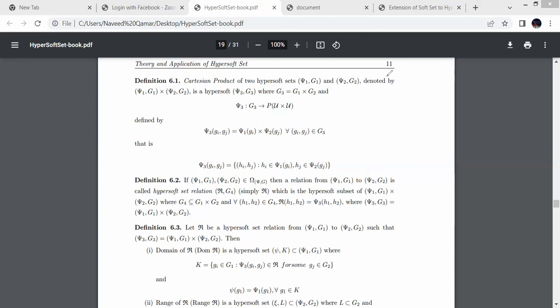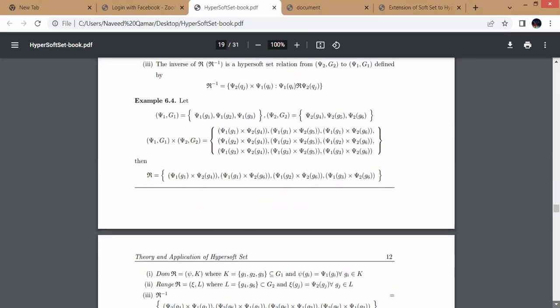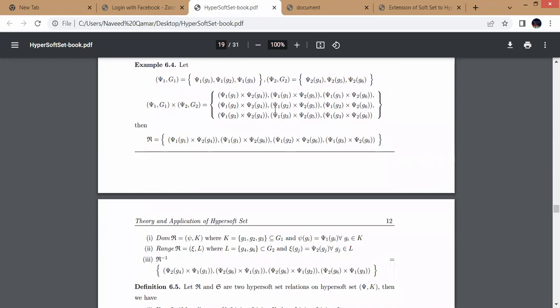So further in this paper, after domain, range, and hypersoft set relation, there are examples related to our previous discussion. As G1, the first hypersoft set, is G1, G2, G3, and the second is G4, G5, and G6. So their Cartesian product will be G1 with G4, G1 with G5, G1 with G6.